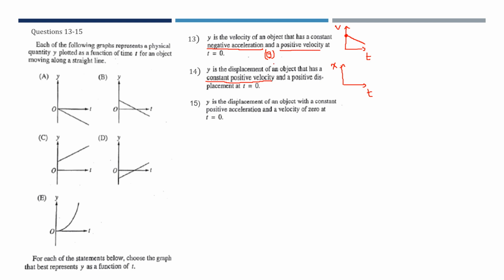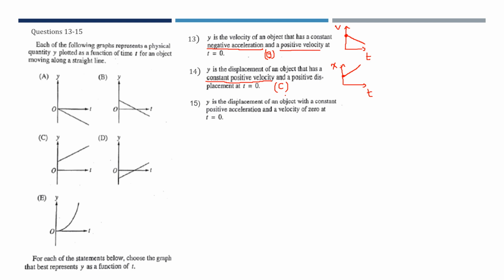Velocity is the slope of the displacement time graph. A constant positive velocity means a constant slope, and a positive displacement at t equals 0. So C is the correct answer.